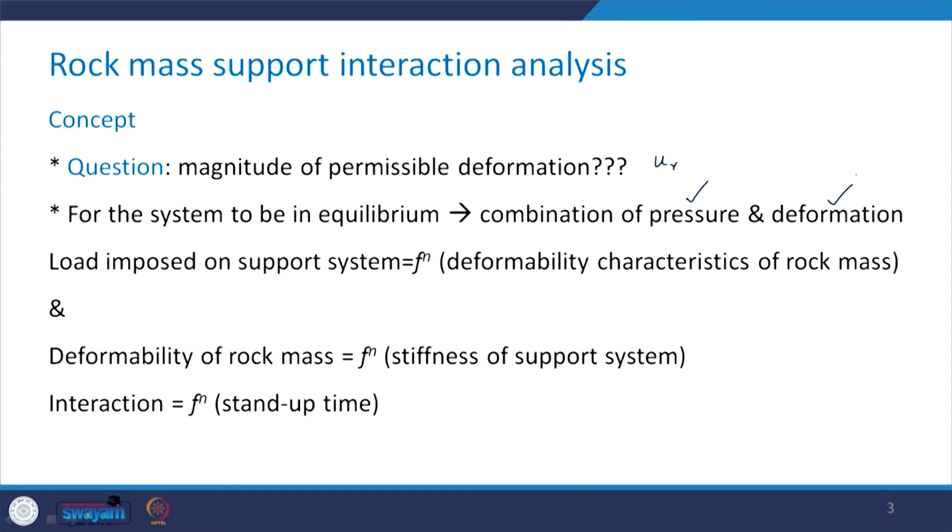Accordingly, all these parameters can be decided, and therefore the load imposed on the support system becomes a function of the deformability characteristic of the rock mass, and this becomes a function of the stiffness of the support system, and therefore the interaction phenomenon becomes a function of the stand up time. You know what we mean by this stand up time.